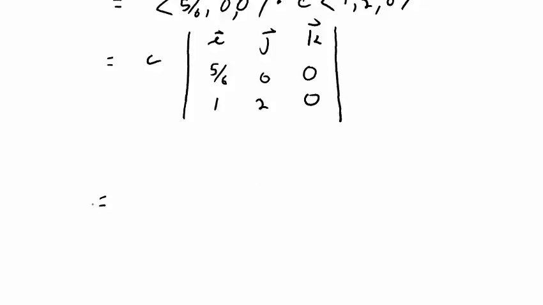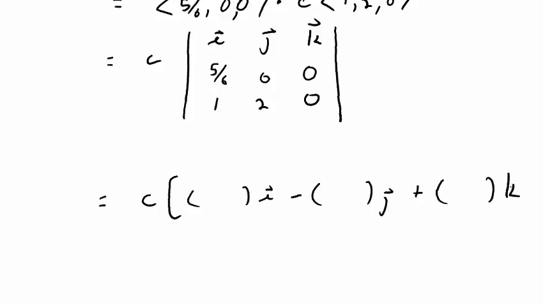And if you take this cross product, remember, you've got three components to compute. So you've got C on the outside, you've got the i component, then minus is here by definition, and then the j component, and then plus the k component. You've got three of these to compute, and they're all given by determinants of submatrices that you can obtain.